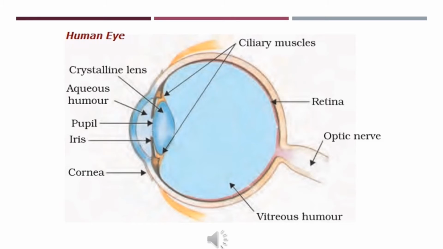What is the name of the nerves? Optic nerves are used to transmit electrical signals to the brain from our eyes. Our brain then interprets these signals, processes the information, and this is how we are finally able to perceive the objects as they are.